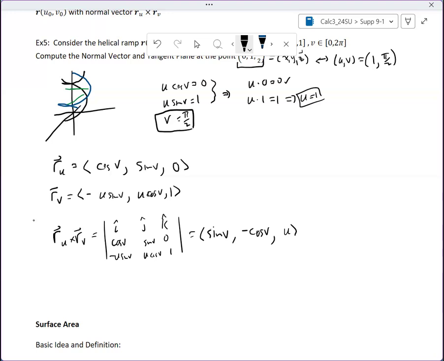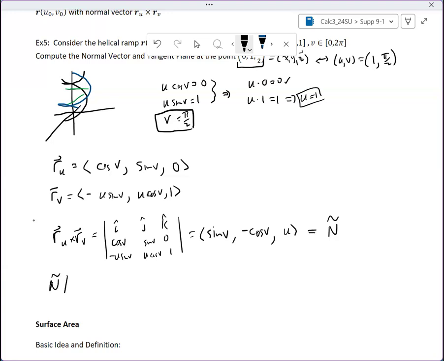So this is my normal vector. Maybe I'll call this n tilde. It's not a unit vector necessarily, so I don't want to really call it n bar. That was kind of what we used for unit normal in the past. So maybe I'll give it a different name, n tilde. It's a not necessarily unit vector that is normal to my tangent plane.